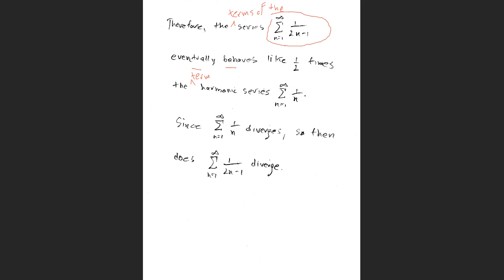So therefore, the terms of the series eventually behave like 1/2 times the terms of the harmonic series. And so since the harmonic series diverges, our series diverges. And so it wouldn't be useful trying to figure out the sum of that series because it diverges.